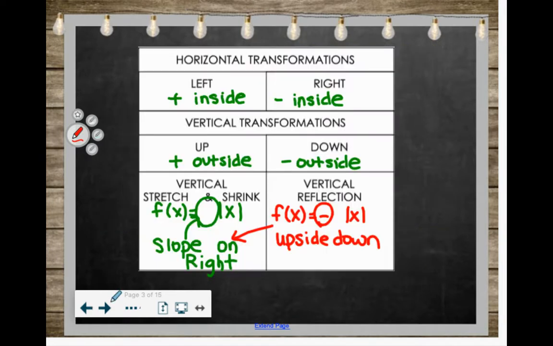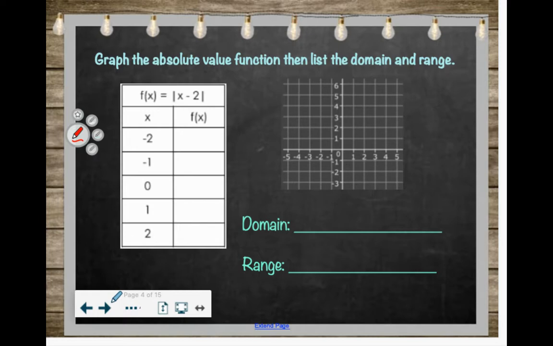All right, let's talk about some transformations. So this one has a -2 inside the absolute value, and a minus inside means that it's going to the right. And it's going to the right 2, because the 2 is being subtracted. That just means that instead of starting here at 0, 0, you're going to go to the right 2 and put a point there.